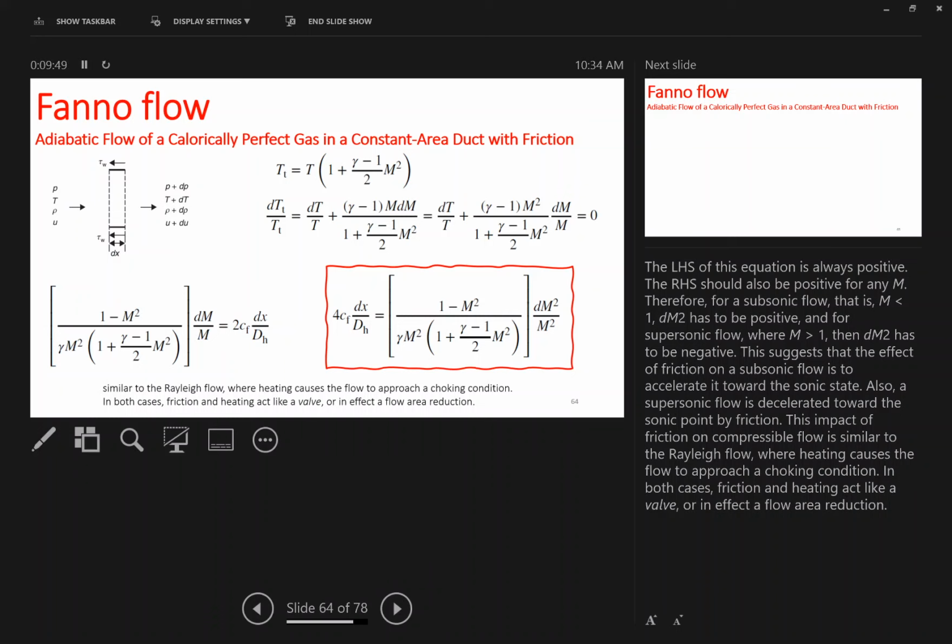So to find the final equation, which is going to be an integration of this equation we have here, we have to integrate from your inlet Mach number to the sonic condition, which is Mach number 1, for the dM. And for the dx, it's going to be from location 0 to the exit length of the duct. Does that make sense?